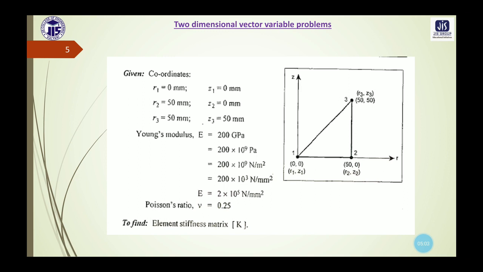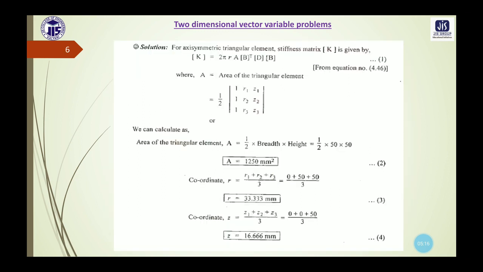Now based on all these values we need to use the suitable formulas to calculate the element stiffness matrix. The formula for the element stiffness matrix of the axisymmetric triangular element is written here as equation number 1: K matrix equals 2 pi R A multiplied by B transpose, multiplied by D matrix, multiplied by B matrix.